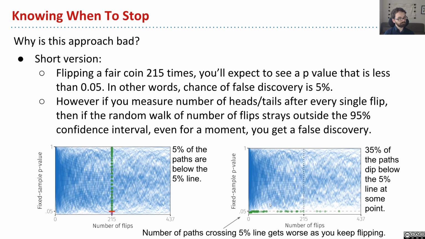And he said that 35% of the games that you play, after 437 flips, if you check every single time for anomalousness, you'll fall below this line at some point.